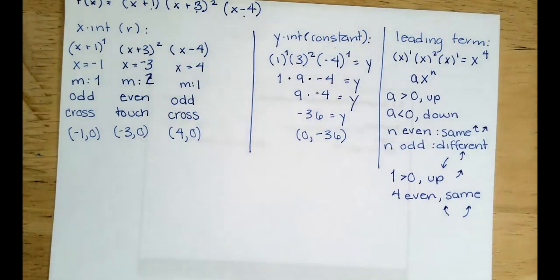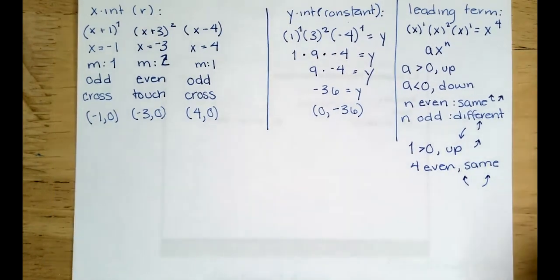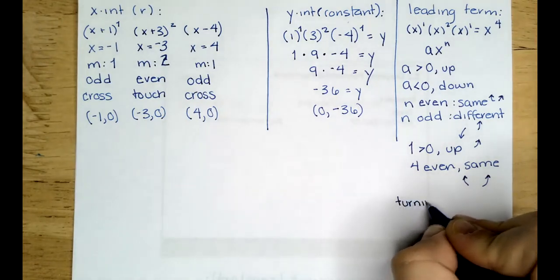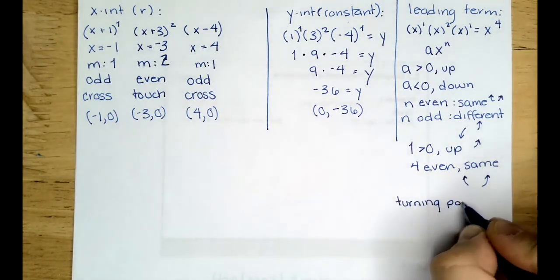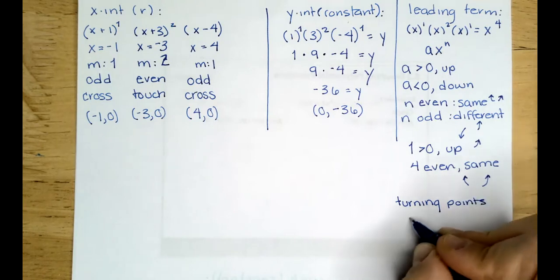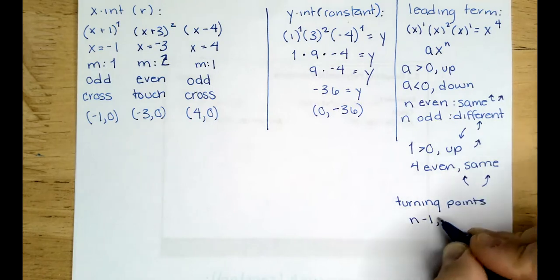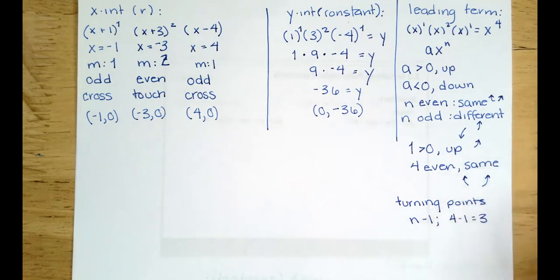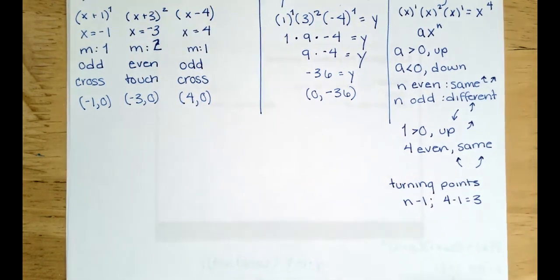All right. Ooh, and our turning points are n minus 1. So for that we have 4 minus 1 is 3. We have 3 turning points.